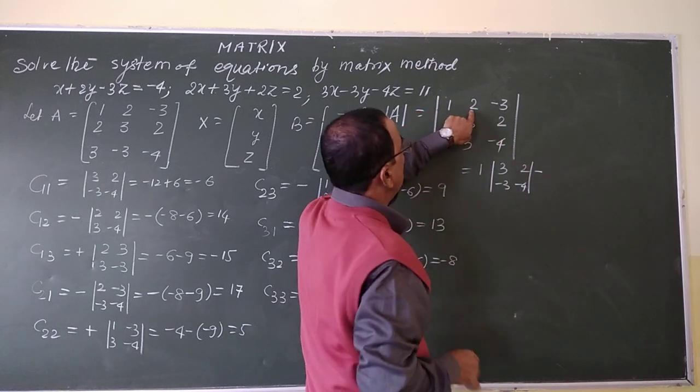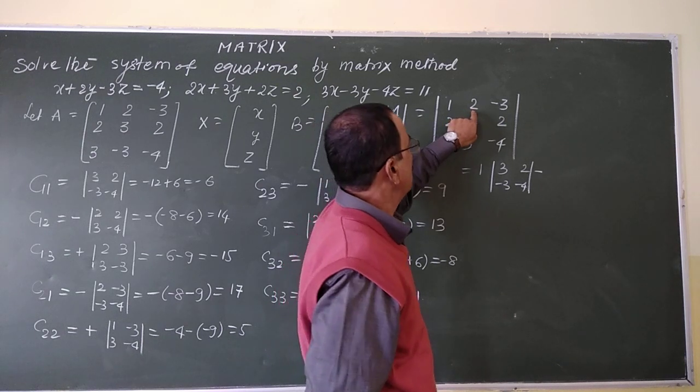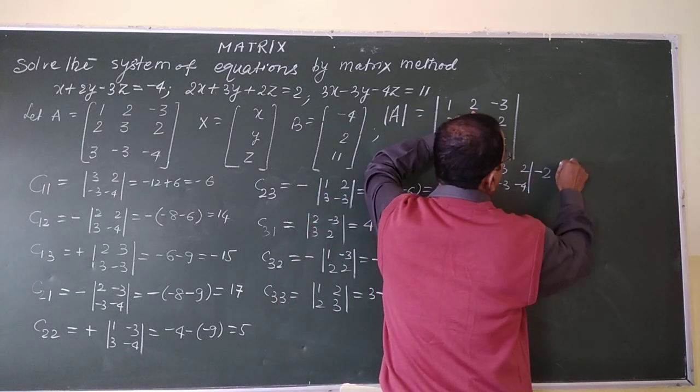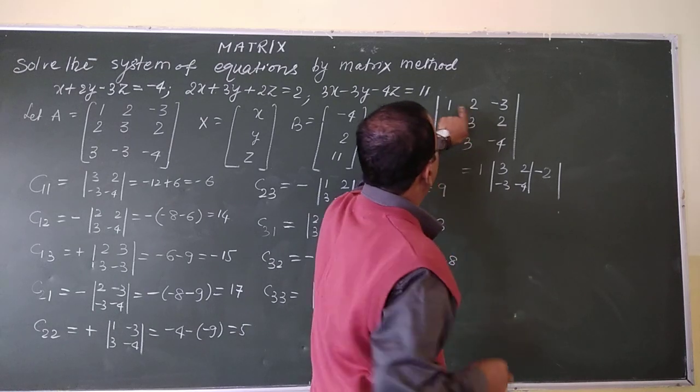2 lies in the first row and the second column, so before 2 we have to take a negative sign.